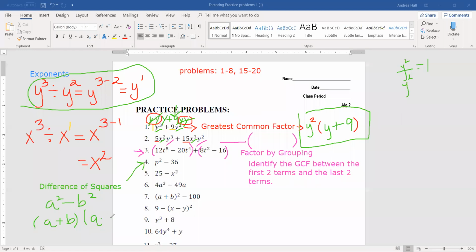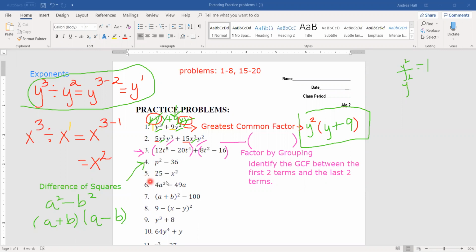So if you have p squared, then the square root of p squared would be p. If you have 36, what's the square root of 36? 6. So then you put it into this format, right?